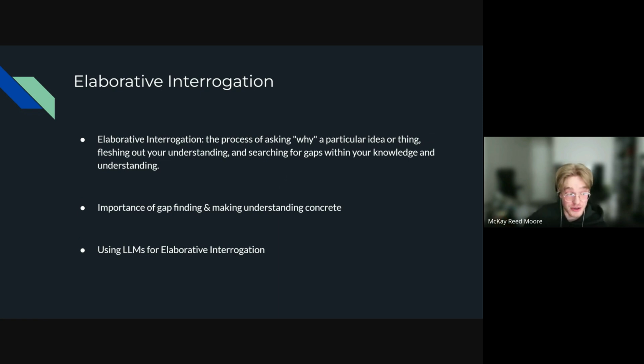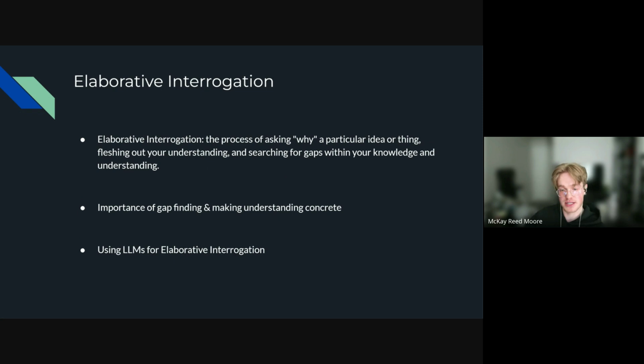Sometimes it's the case that I know those things, but for the most part, when I'm engaging in something new, something I haven't interacted with before, there are so many things that I don't know, right? So I don't know that I don't understand this particular thing, right? And so the idea of elaborative interrogation helps you pick apart the structure of your understanding and find the blind spots.